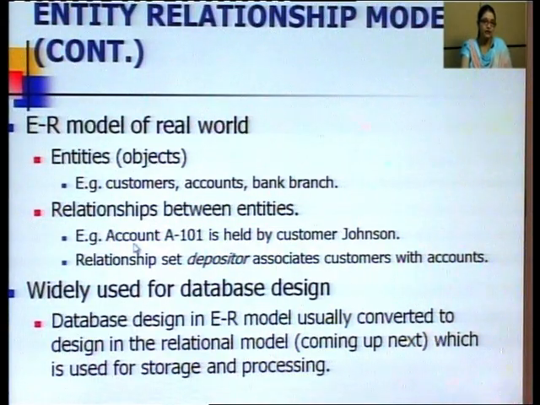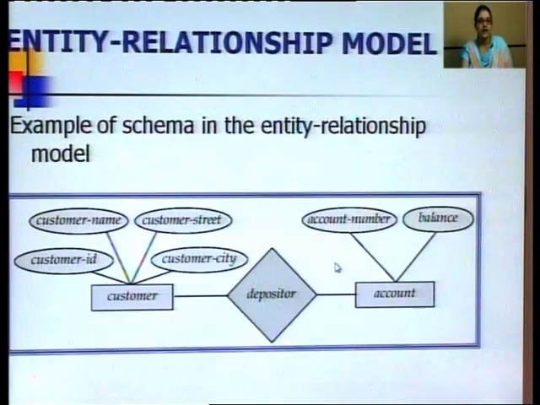For example, account A101 is held by customer Johnson. Customer Johnson has an account 101. Relationship set depositor associates the customer with accounts. As in this diagram, this is a relationship set depositor which associates customer with account entities.